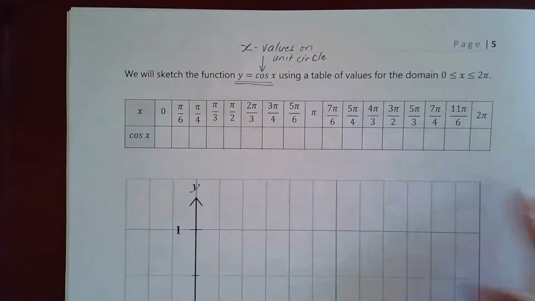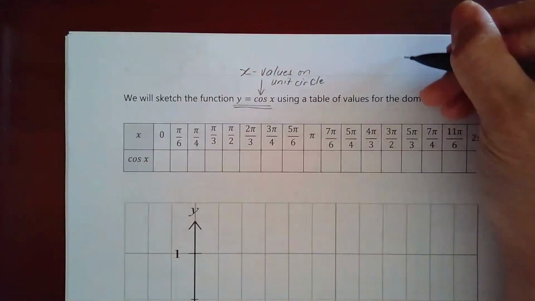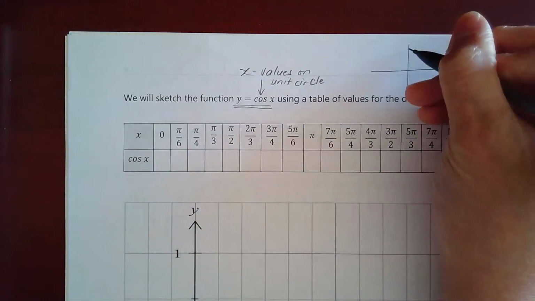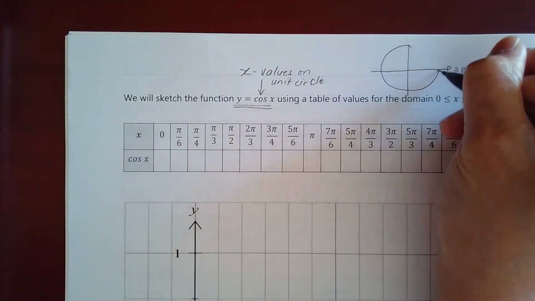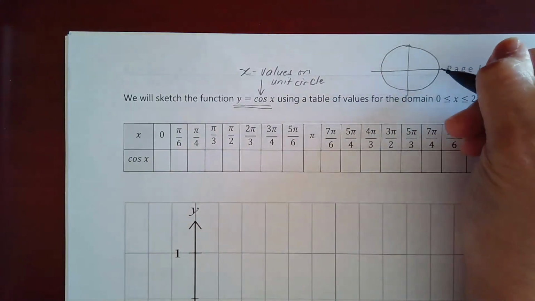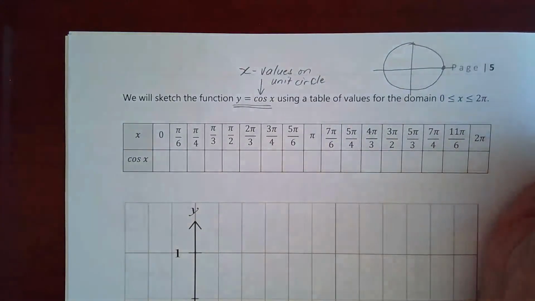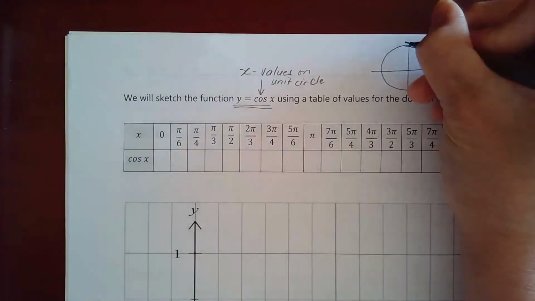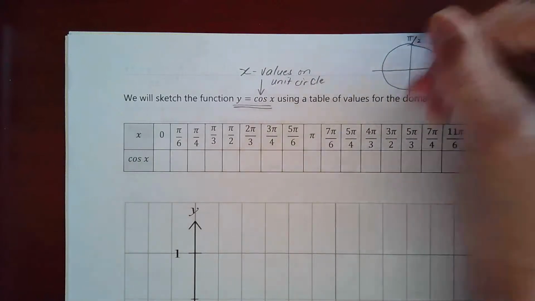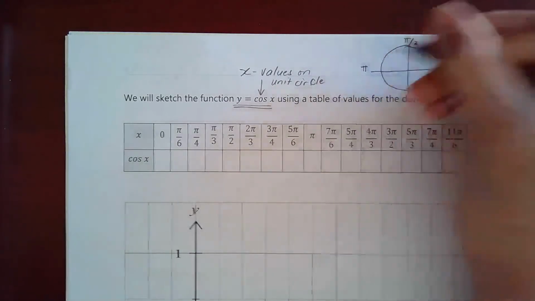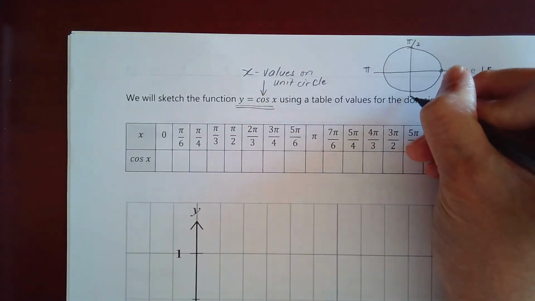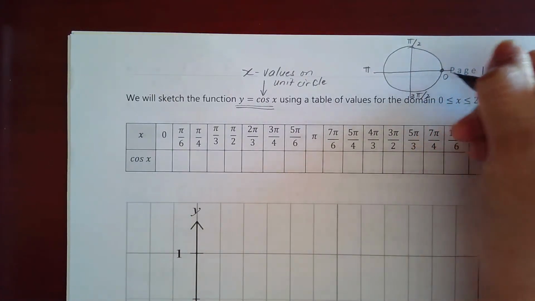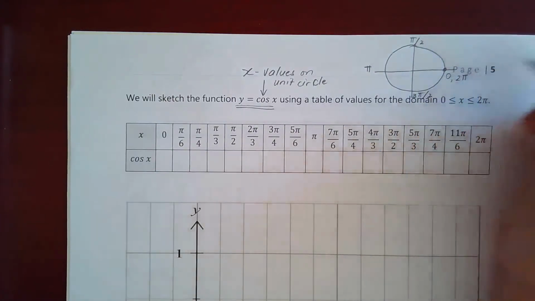So I'm just going to take a look at the unit circle and write it down over here. I'm going to start with the quadrantal angles: 0, pi halves, pi, 3 pi halves, and then all the way back here, that's going to be 2 pi radians.